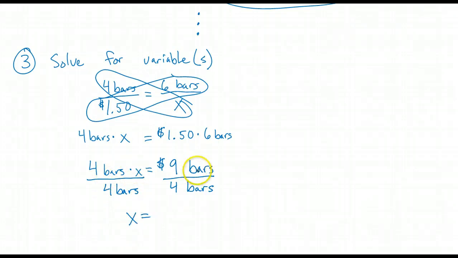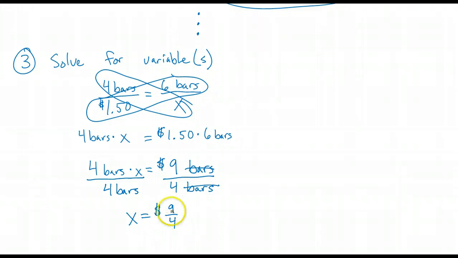And on the right side, this is a little bit like a science problem, where I have units in the numerator and units in the denominator. And since I have units in the numerator and the denominator, the bars will cancel, and I'm left with just dollars. So my answer is 9/4 dollars.